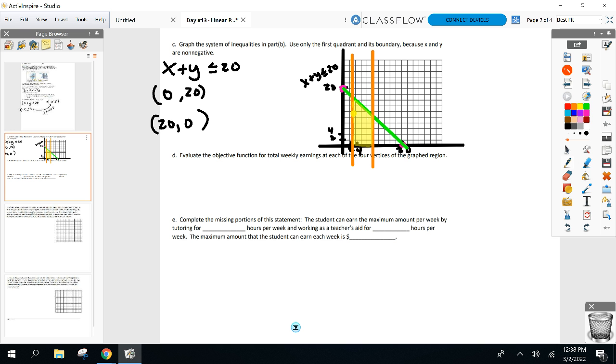I'm going to make sure everyone's caught up here because this next part, it's important that we get the right corners. And if you're unsure if this is the actual coordinate, here's how you can check.